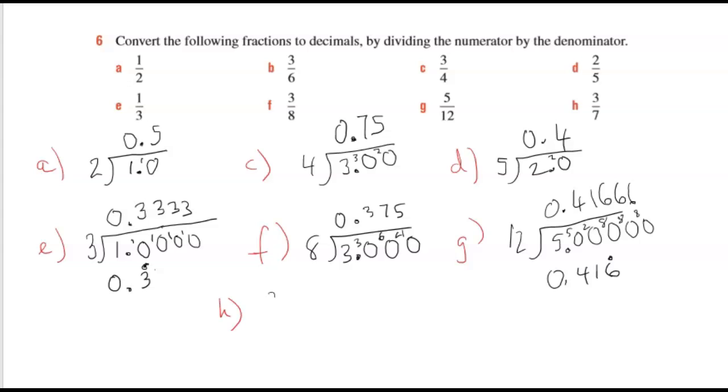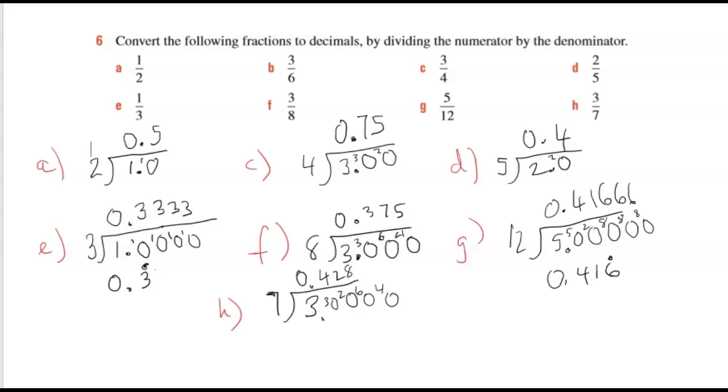And then let's just write H down here. So we've got 7 into 3, 0, add your decimal. 7 goes into 30 4 times. 7 goes into 20 twice. 7 goes into 60 8 times. Just trying to do the maths in my head.